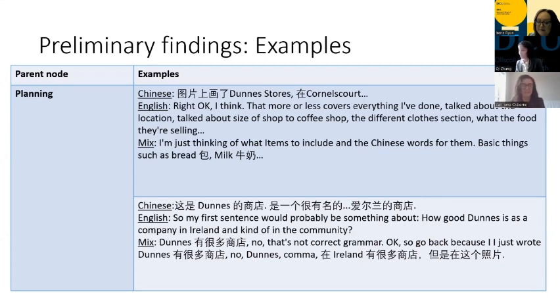And then there's a mix that we can see. So 登记有很多商店. No, that's not correct. Okay, so go back, they're talking to themselves and rectifying that. So they're planning at the sentence level. They're trying to figure out how to say what they want from English into Chinese. We could really see that happening in the planning stage.